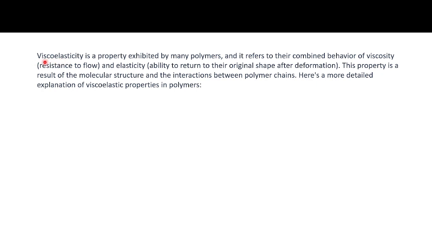What is viscoelasticity? Viscoelasticity is the property exhibited by polymers, and it refers to their combined behavior of viscosity, that is the resistance to flow, and elasticity, that is the ability to come back to its original shape. The property is a result of molecular structure and the interaction between the polymer chains.